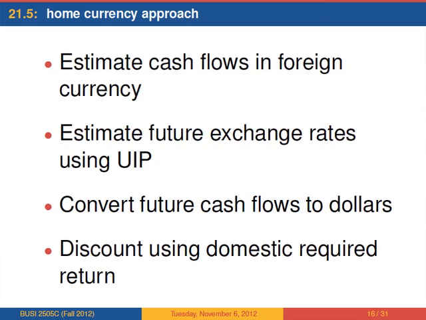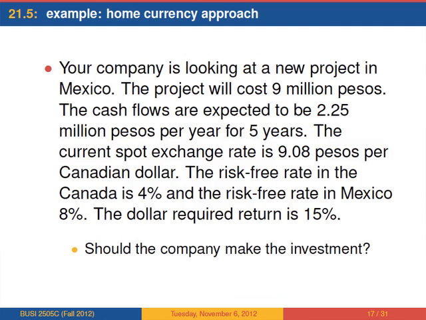So you figure out the exchange rate at each future period. Then you convert each one of those future cash flows into your home currency, and then you roll it all into a net present value, because now what you have is a series of cash flows in your home currency, and then you just take the net present value of that. So let me show you an example.